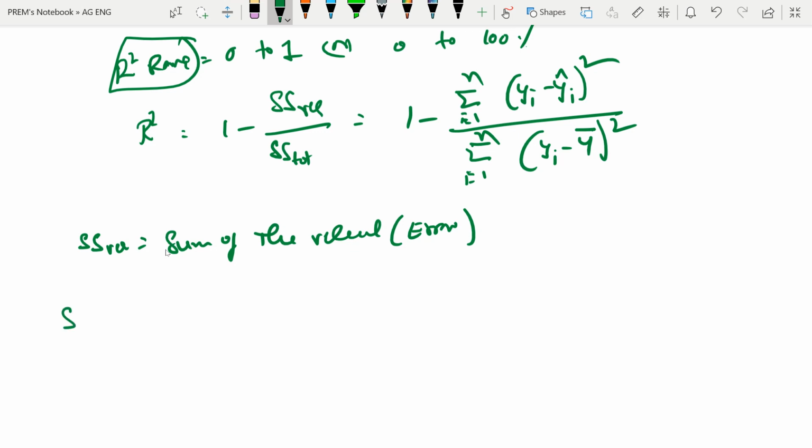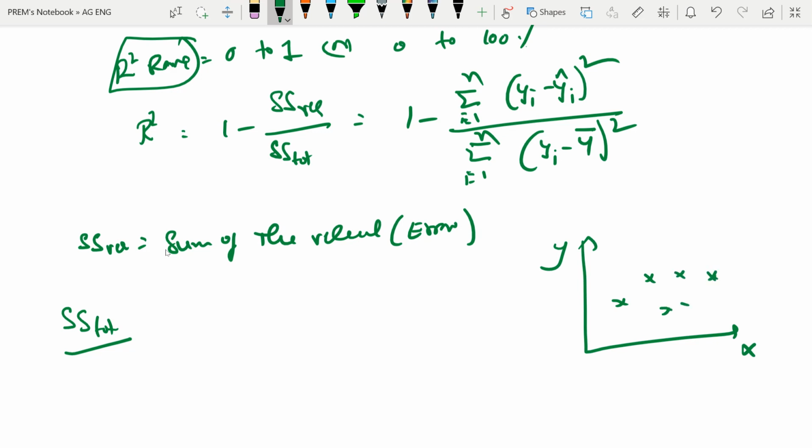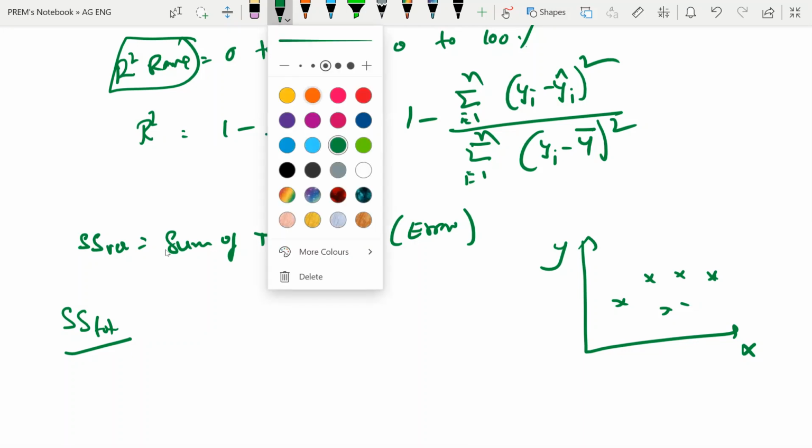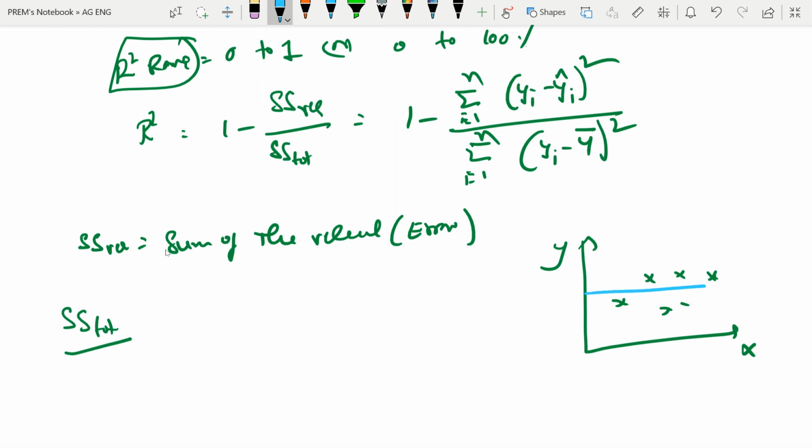Suppose you take the SS total. Suppose this is the x, this is the y, and the points are scattered. Instead of the best fit line, we can take another line, which is called the average output line.